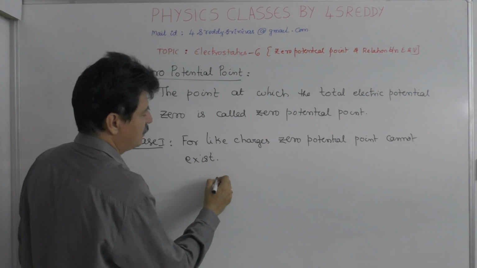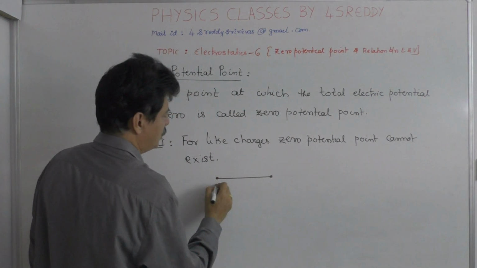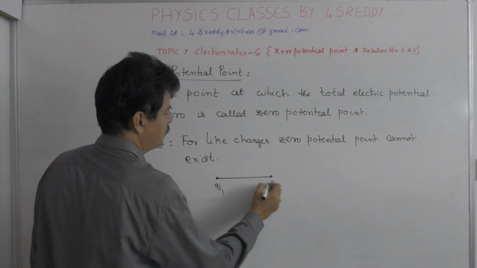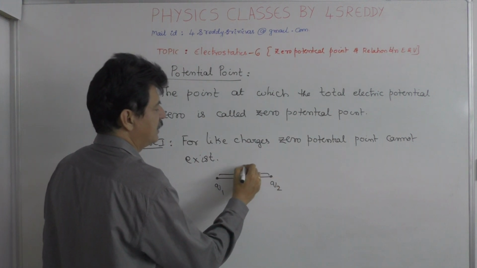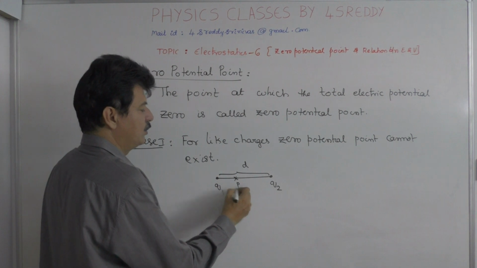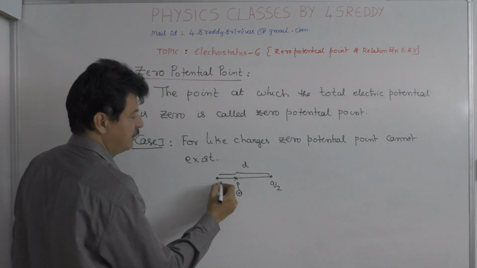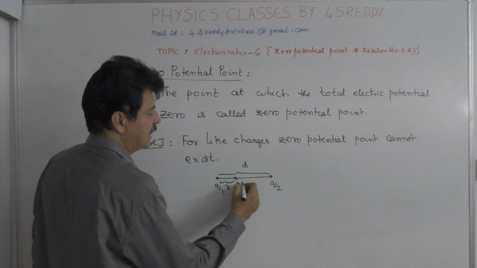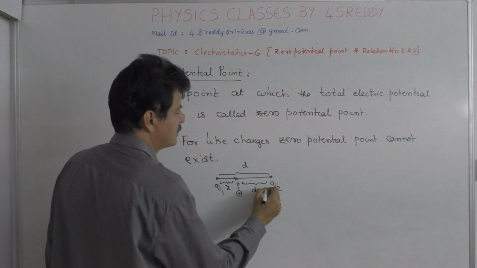Because if you consider two charges, this is Q1 and this is Q2, and these two are separated by distance D. Now if you consider a unit positive charge at a point P, here this is x and this is d minus x.